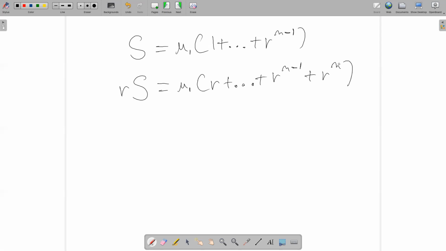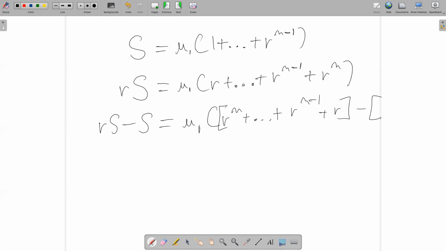We're going to take this rS equation and subtract this S equation. So we'll have a common factor of u sub 1, which all of these equations have. But r to the n plus dot dot dot plus r to the n minus 1 plus r, and that is minus r to the n minus 1 plus dot dot dot plus r plus 1.